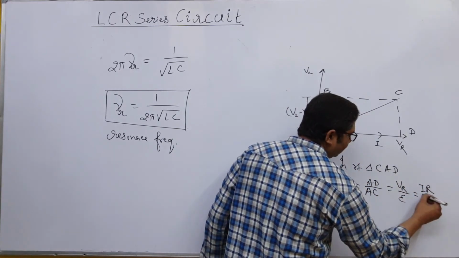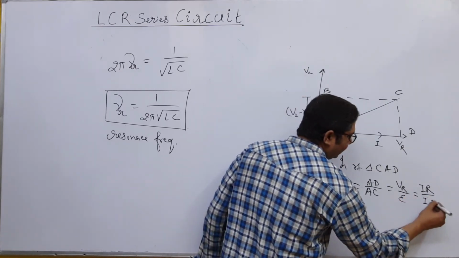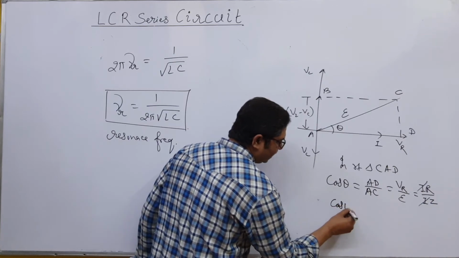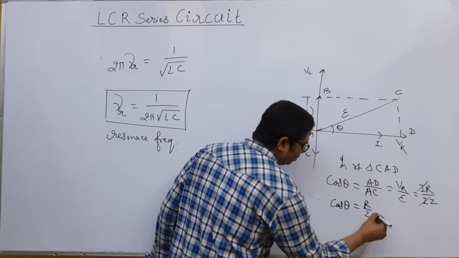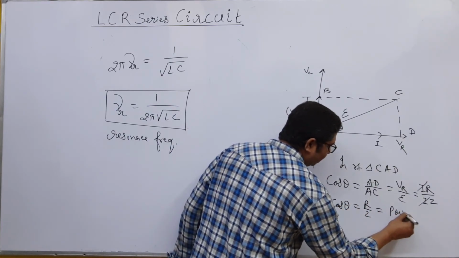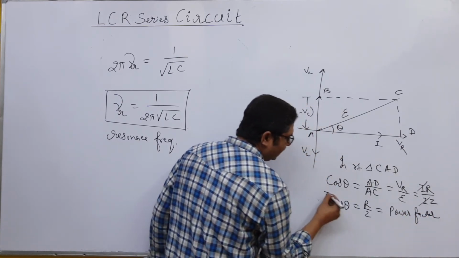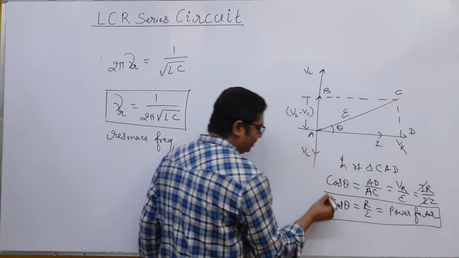I into R is VR, and what is E? I into Z is E. Cancel this out. So you have cos theta equals R upon Z. This is said to be the power factor in the LCR series circuit.